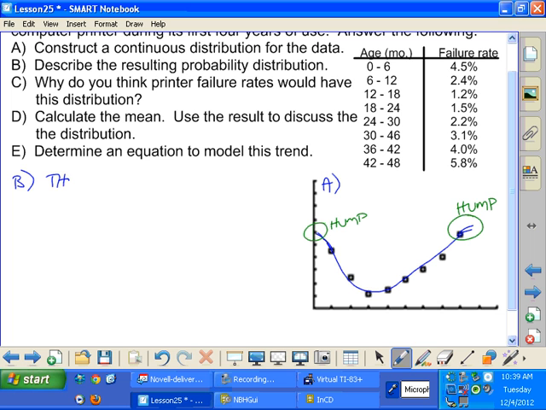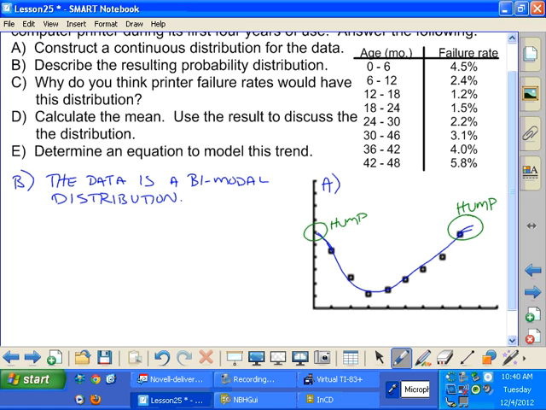So the data is a bimodal distribution, which means that if you want to have significant results here, we should be looking at it in two sections, but that comes when we talk about that later on. So this is a bimodal distribution.